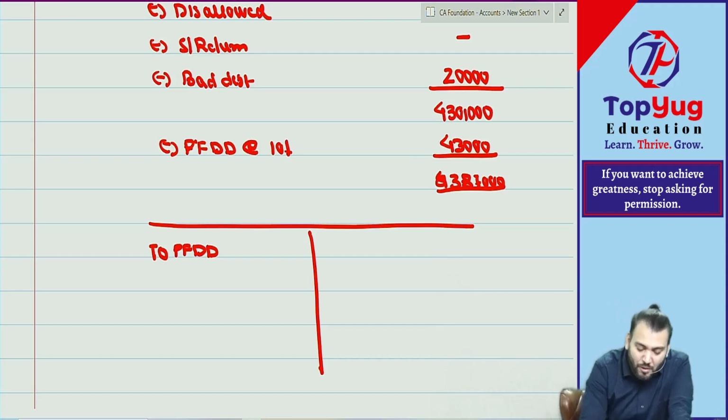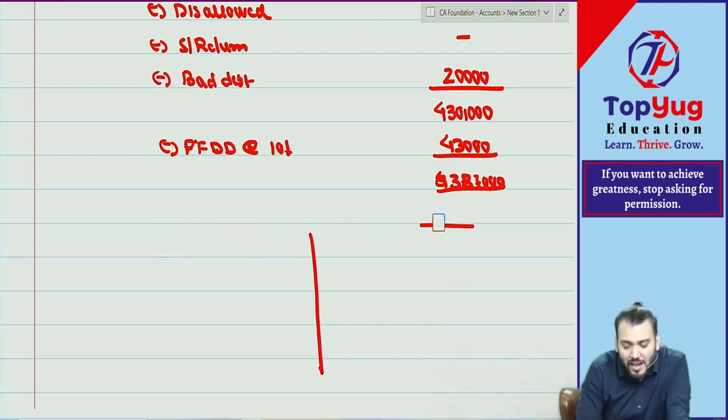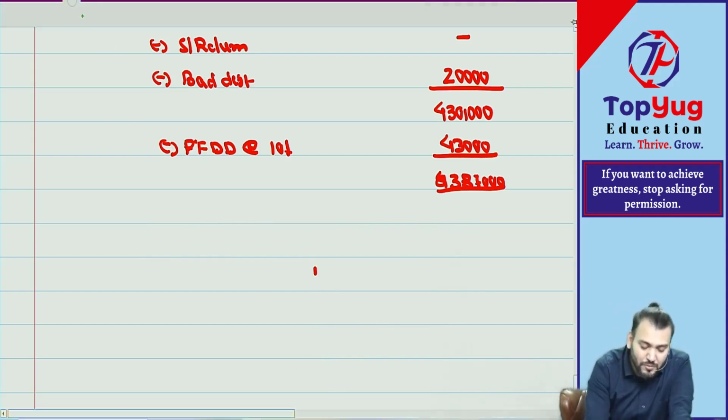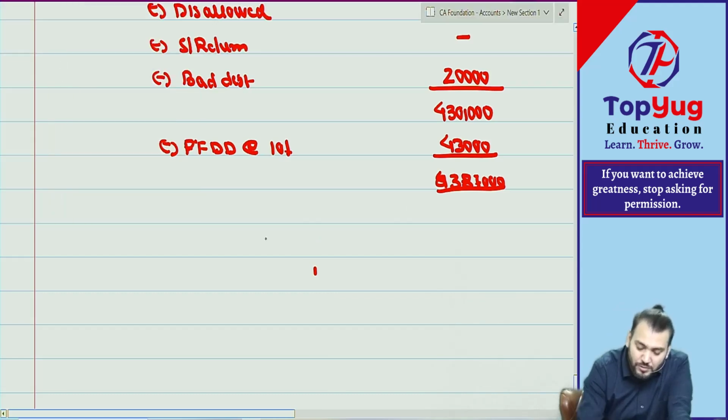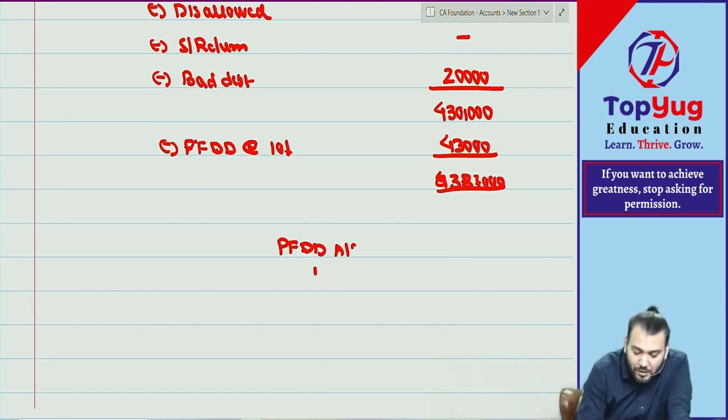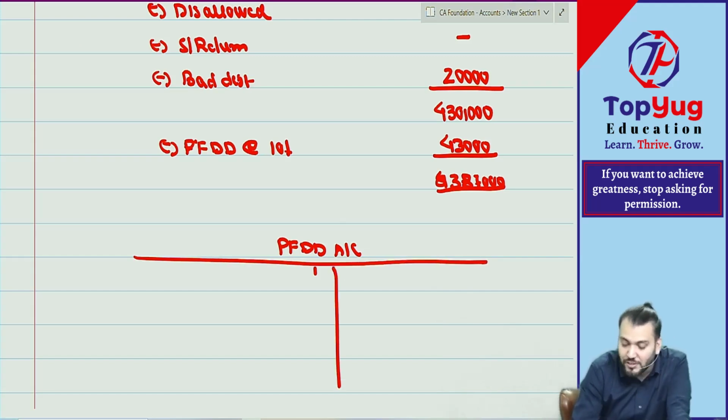You need to prepare the account now. You have directly transferred. I have said this is not a transfer to P&L. In every question, what am I creating? Provision for doubtful debt account, no? You have not prepared that. Then also 43 is coming. Okay, it may be that 43 only is coming.